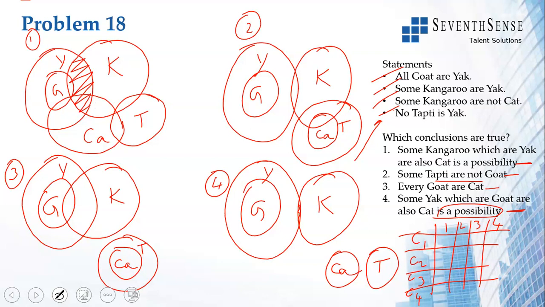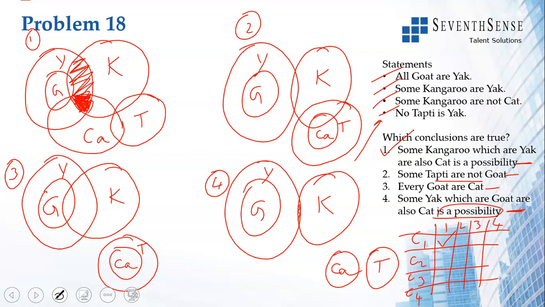Some kangaroo which are yak, this entire area which I have zigzagged, are also cat, is this area, is a possibility. So in the first diagram itself it is possible, because the word possibility is asked, one tick is enough, and so this is true.